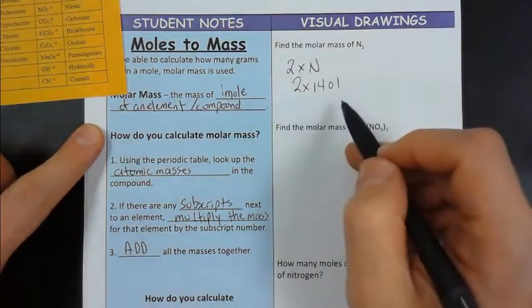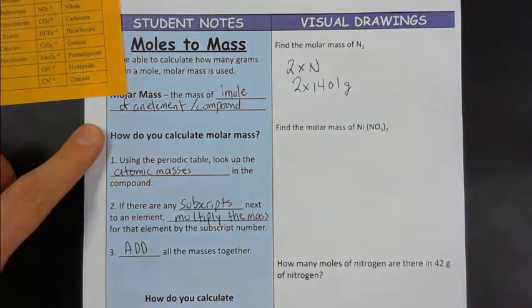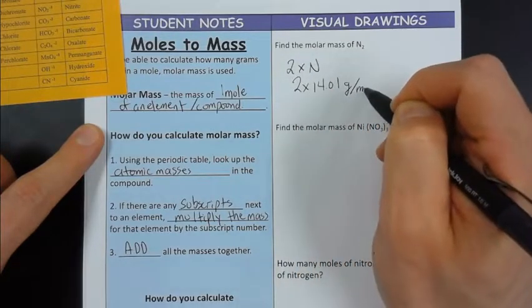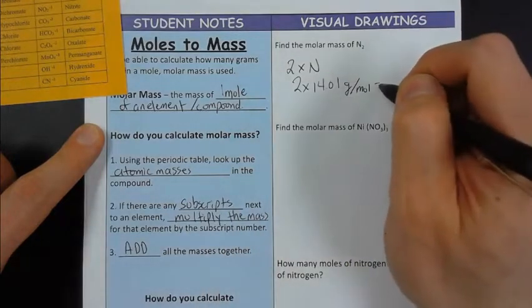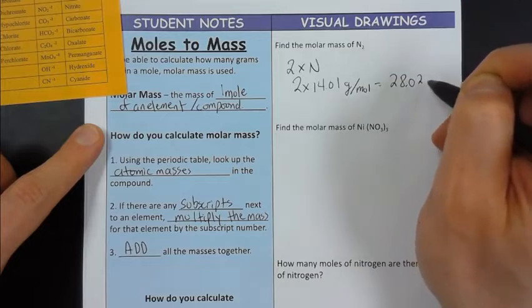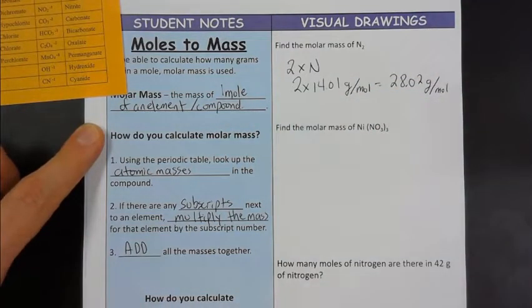Because that's a mass, we're going to put the unit grams with that, but this is also referred to as a molar mass, so we're going to call that grams per mole. So 2 times 14.01 grams per mole, our molar mass for all of nitrogen winds up being 28.02 grams per mole.